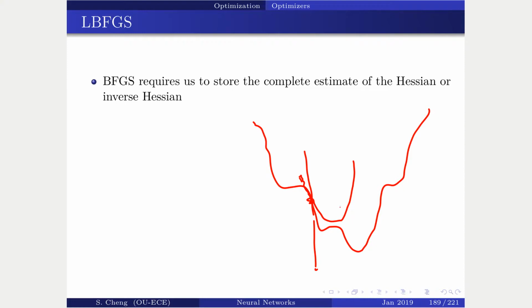From this approximation, you can immediately know the minimum is here. So the next step, you start from here, approximate another parabola, and then you go down and so on. So this is the 1D intuition.